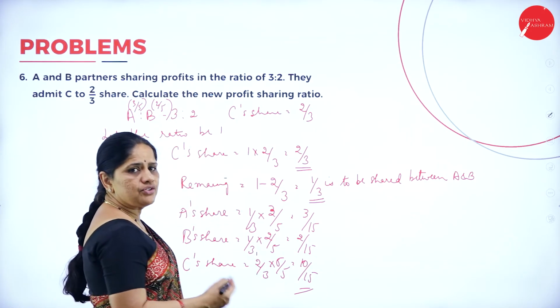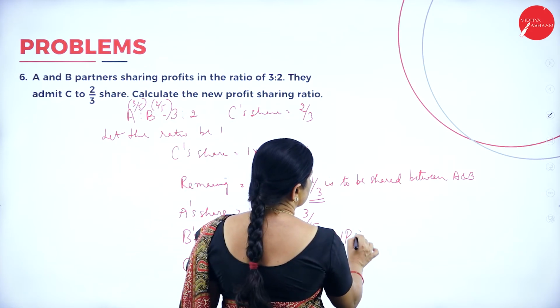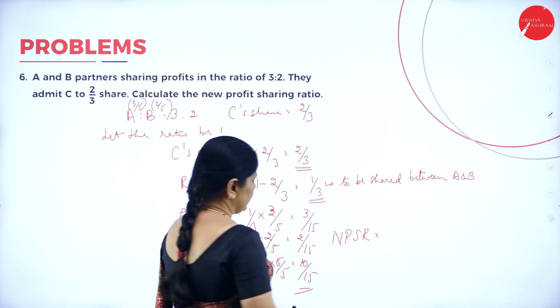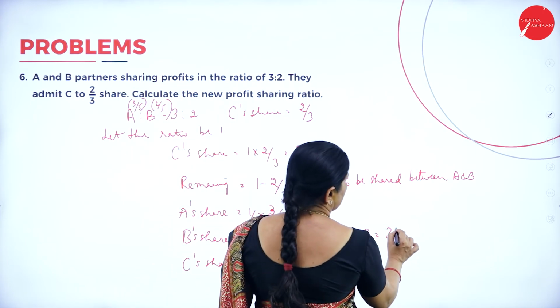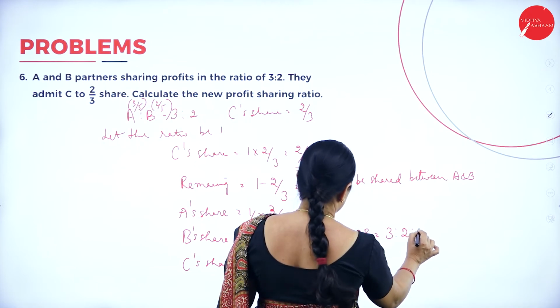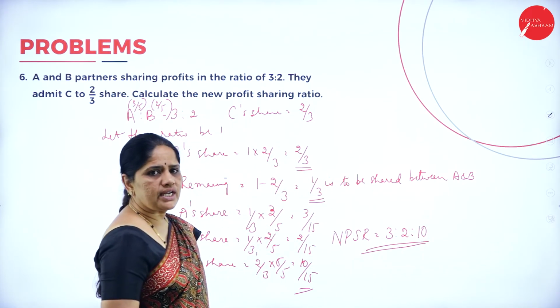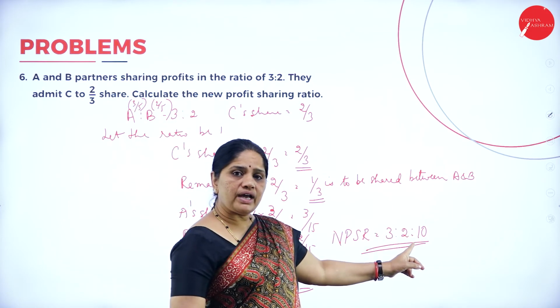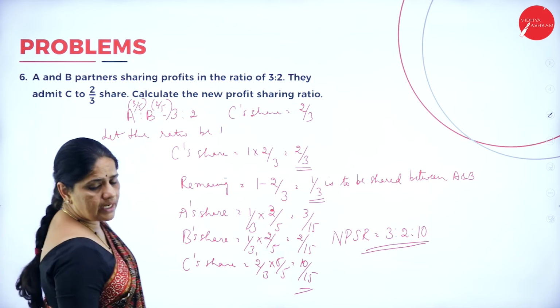Now, the new profit sharing ratio equals 3:2:10. 3:2:10 is the answer. So, 3 plus 2 is 5, 5 plus 10 is 15. So, this is the new profit sharing ratio.